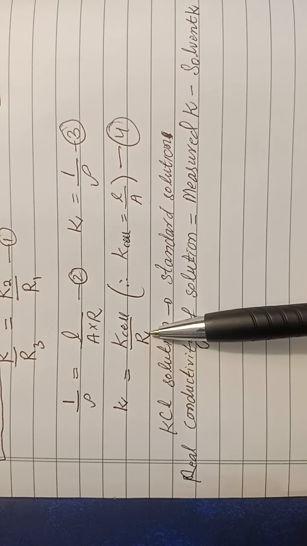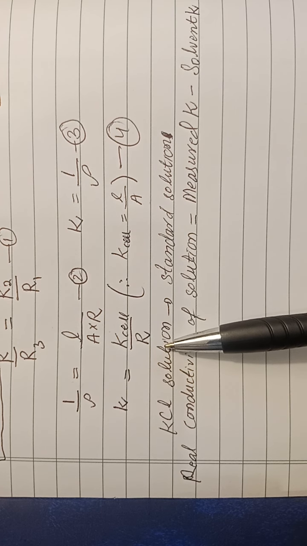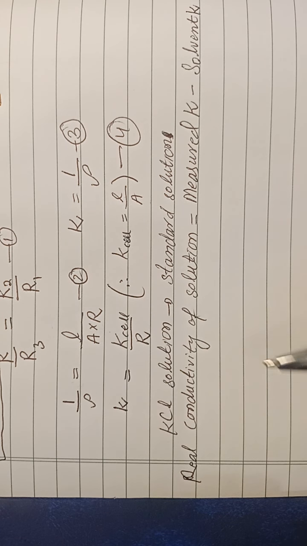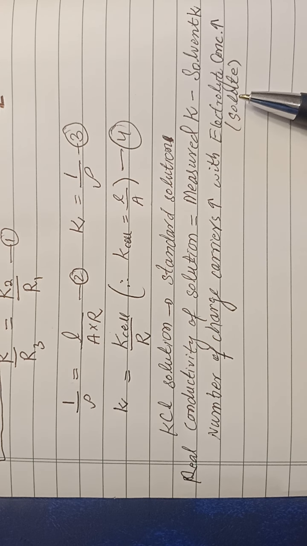For example, the conductivity of a 0.1 molar solution like copper sulfate will be higher as compared to 0.01 molar of that same solution, since the number of charge carriers per unit volume increases with increasing electrolyte concentration, that is the solute concentration.